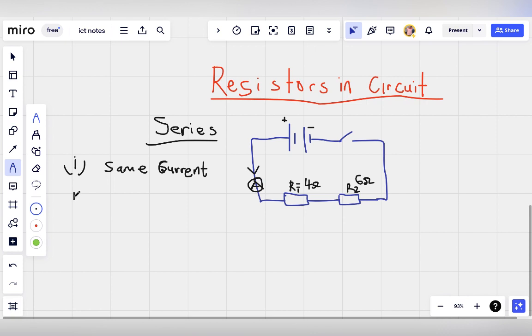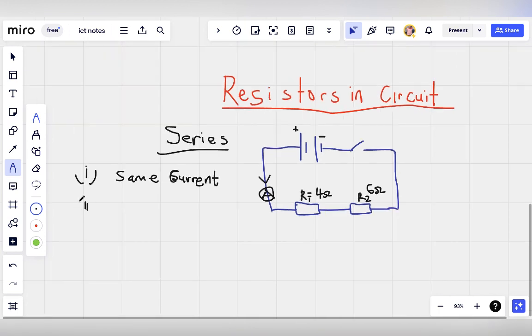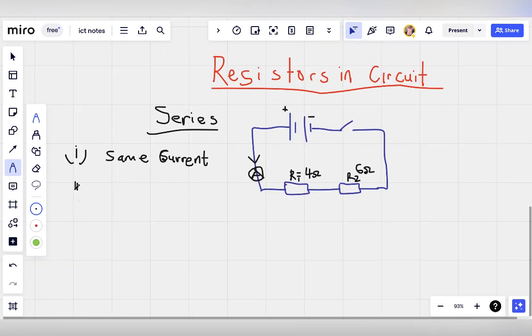Then the potential difference is different in each of these resistors. The PD is different in both resistors. So if I want to calculate the PD across this 4 ohm resistor, I connect a voltmeter.